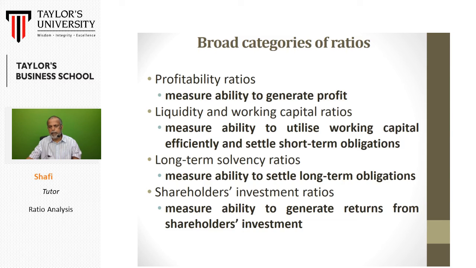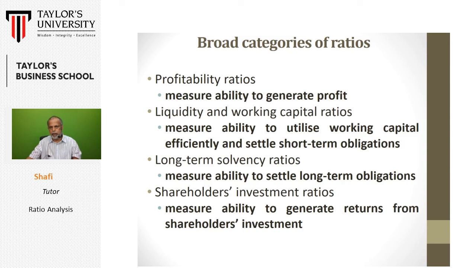So any liability that is required to be settled after more than 1 year, 12 months, we would consider as a long-term obligation. So long-term solvency ratios measure the ability of the company to settle what we describe as long-term obligations.